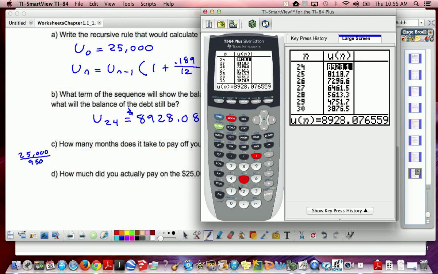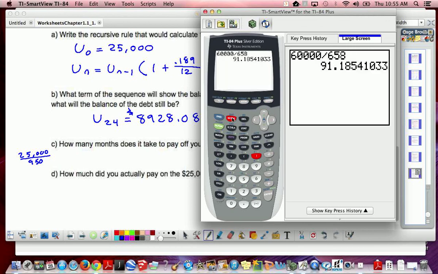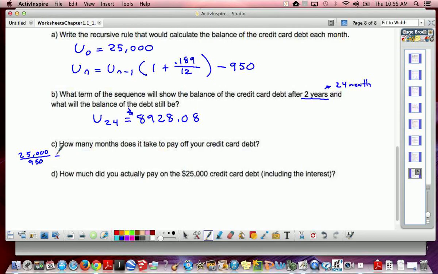So if I go 25,000 and divide it by 950, I'm guessing that's going to put me at about 26 months. But we know it's going to be a lot more with the interest, and I still owe about 9,000 after that. So I know I've got at least 9 to 10 more months, so maybe I'm going to start it at 35.